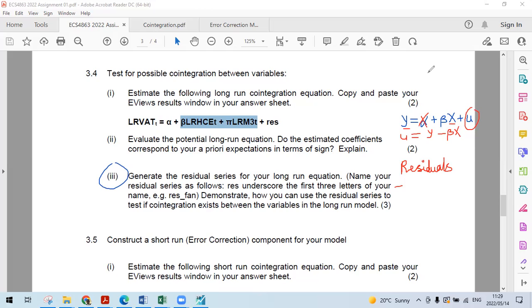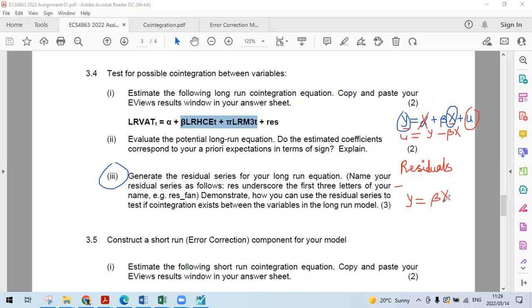So I want you to listen to my language here. We want to check if there's a relationship between y and x. Do you think the intercept matters here, or it's just wasting our time? No. We can even write it as y is equal to beta x.